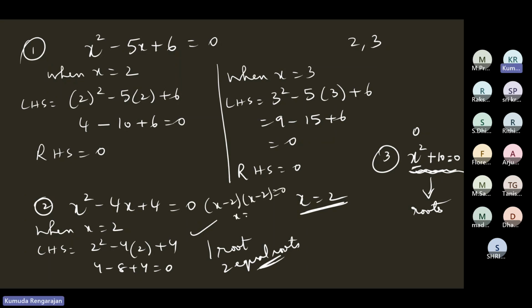So x is equal to 2 in both the cases. So two equal roots, or one root, which means two equal roots. And here, two distinct roots, two different roots.